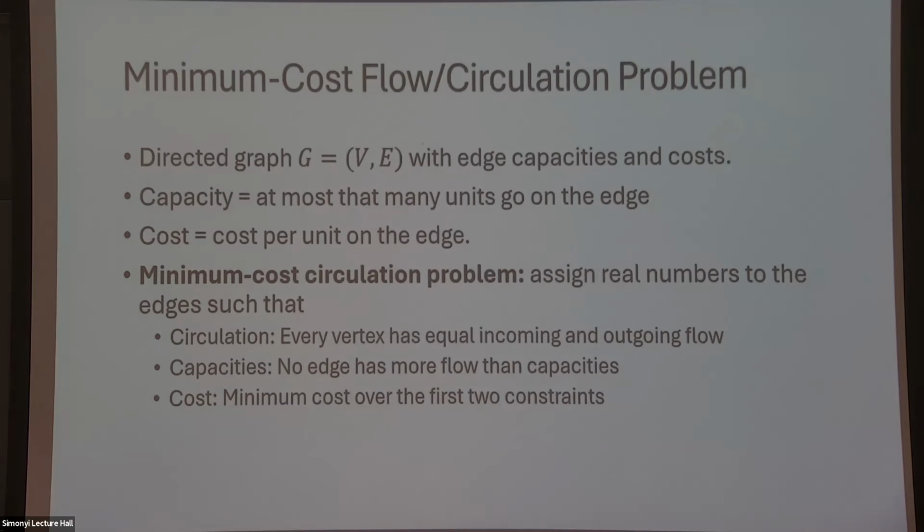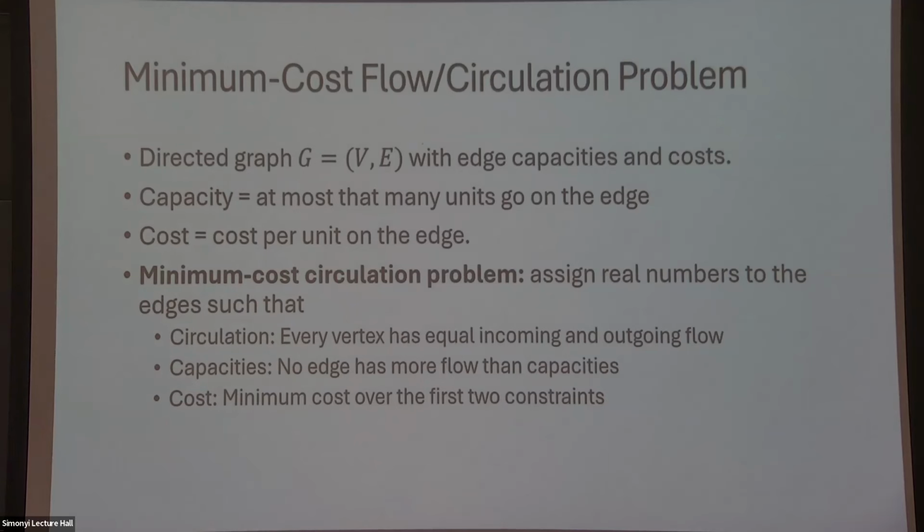Circulation means that when I assign a real number to every edge, the total incoming and outgoing at every vertex is the same. These assignments also satisfy the capacities: they're non-negative, and at most the assigned capacity of the edge. And finally, you want to minimize the cost over all such assignments.